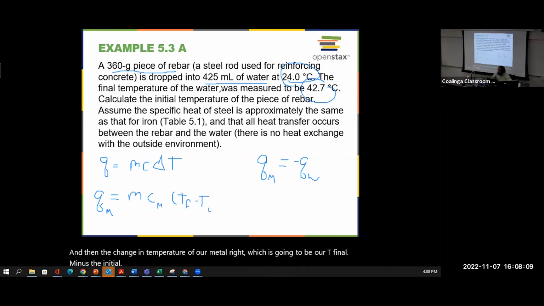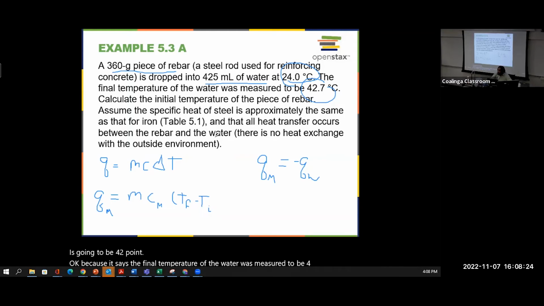Okay. We know that the T final for the metal is going to be 42.7, because it says the final temperature of the water is measured to be 42.7.